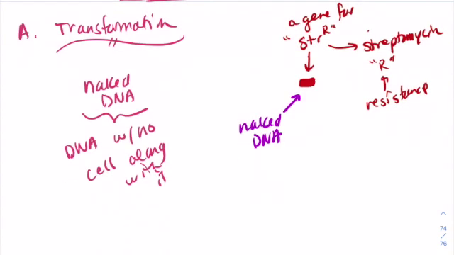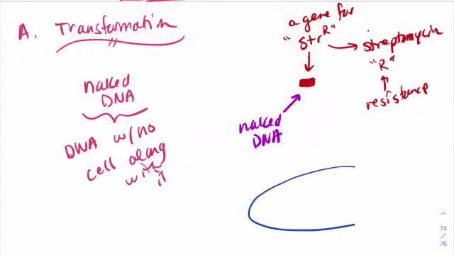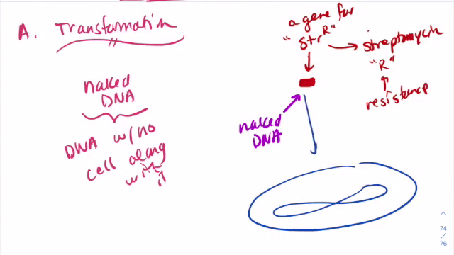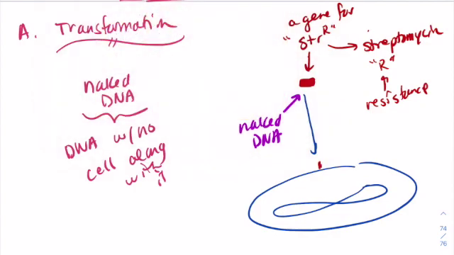Let's say that there is another cell in the environment. It's just hanging out, minding its own business. If it touches this little piece of DNA that came from another cell, there, I'll just draw it like that.